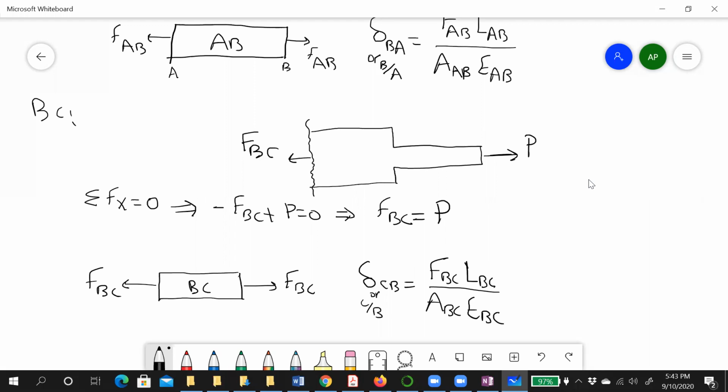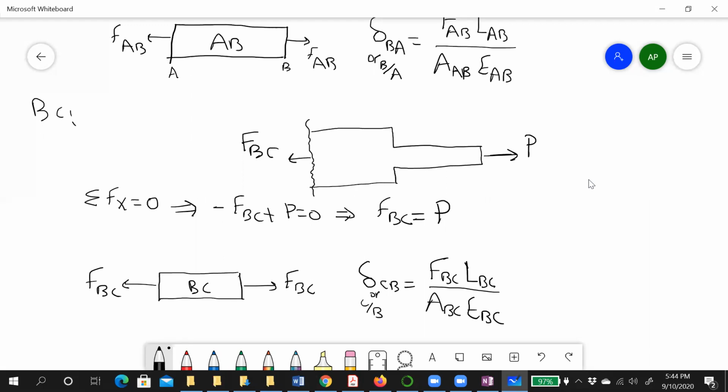So what does that mean? It means we find the deflection at this point with respect to that point, which means just this individual segment. So we want to just focus segment by segment. And then at the end, how can we find the total elongation or elongation at some certain points?